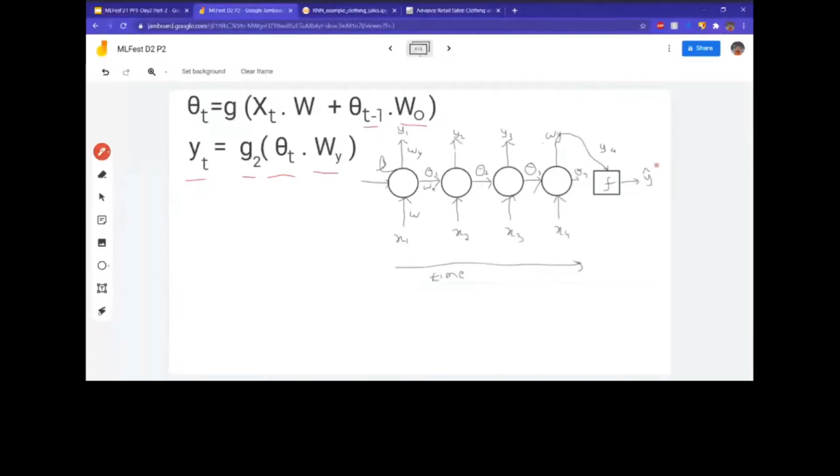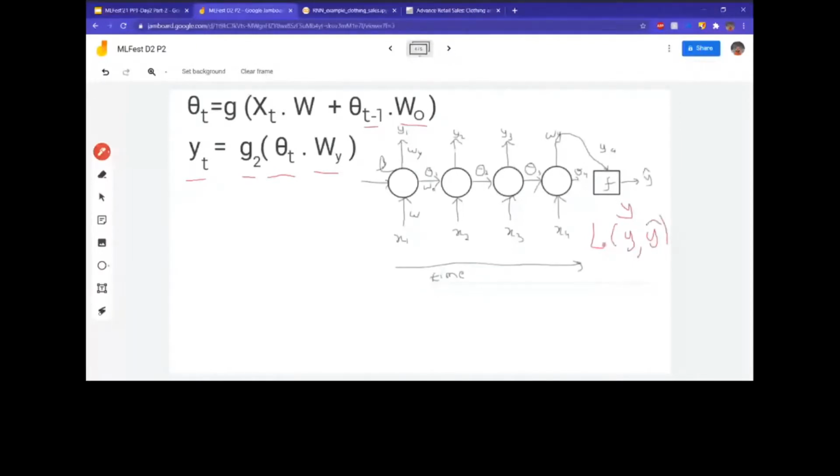I'm not going to go too deep into what exactly is in the function, because the loss function for recurrent neural networks is a bit complicated. I'll just denote it by L, a function of y and y hat. This loss function is the thing that we want to minimize with respect to the weights.